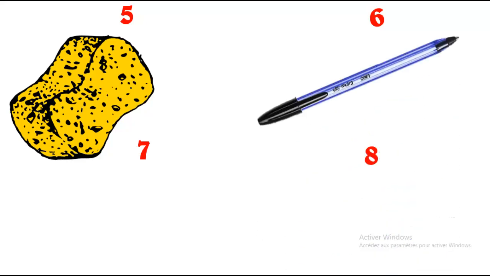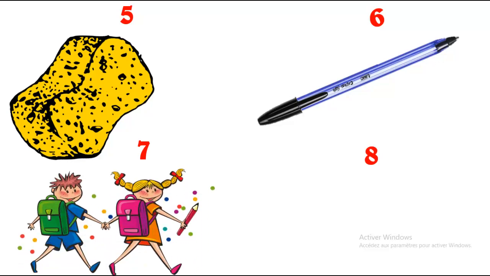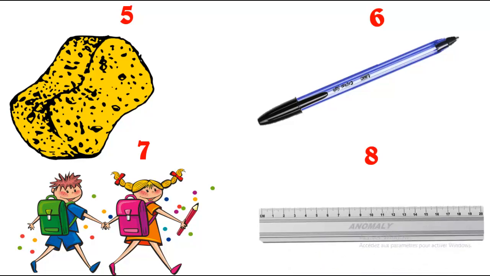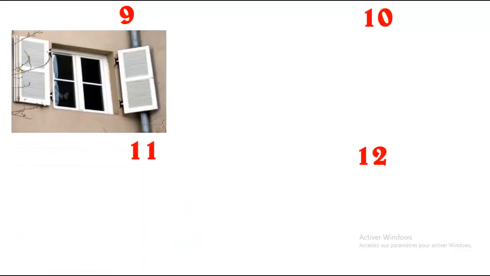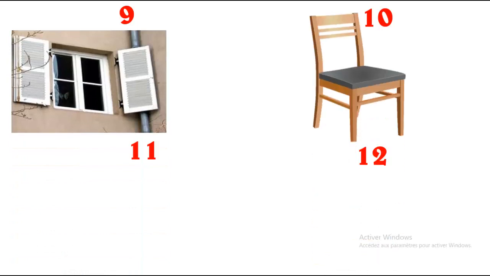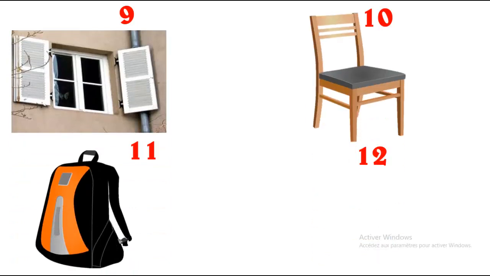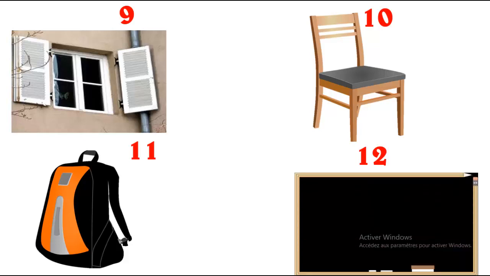What is number 6? Number 6 is a. What is number 7? Number 7 is a. What is number 8? Number 8 is a. What is number 9? What is number 10? What is number 11? What is number 12?